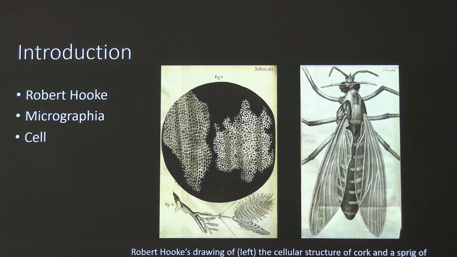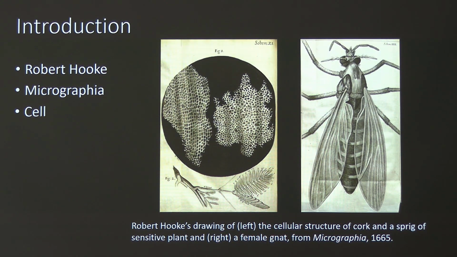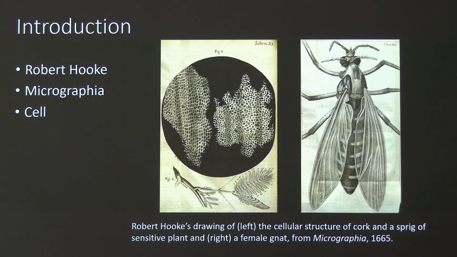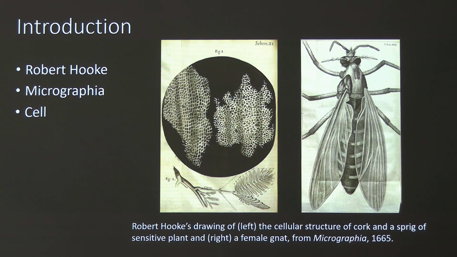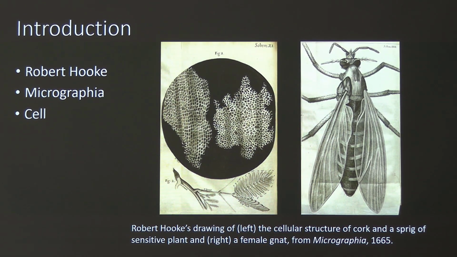Well, all the stories actually happen from an English natural philosopher named Robert Hooke. He invented some one-lens instruments, and he named it Micrographia. And he used these instruments to try to observe everything he could find.